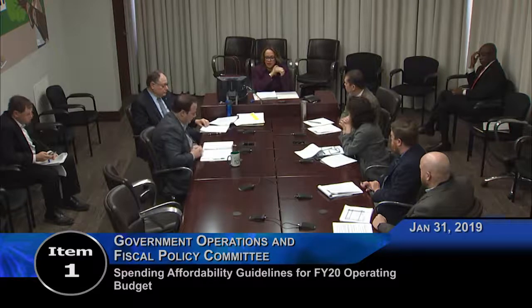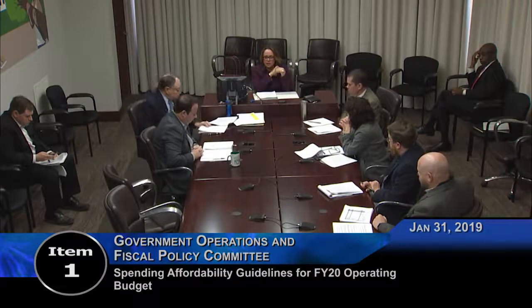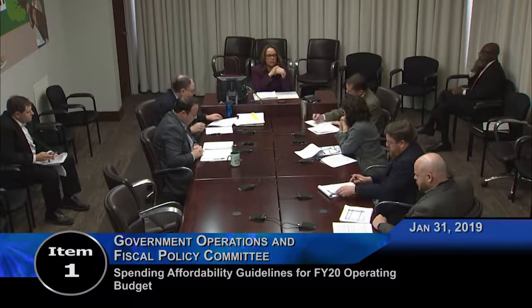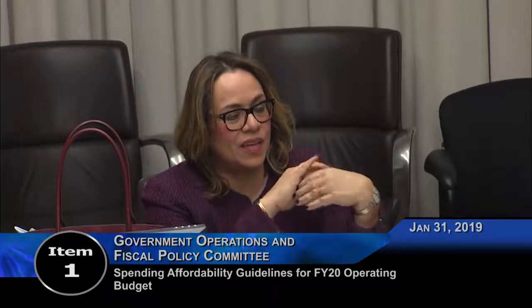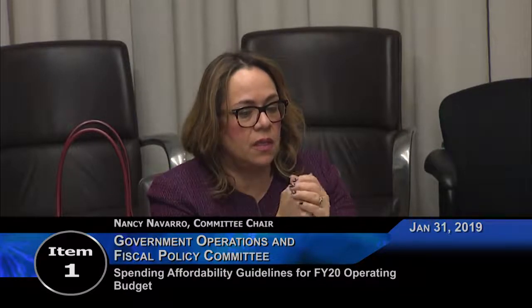Going back to the conversation about indicators, because this is something that was pending conversation, I think that maybe July could be a really good time for us to come back and take a fresh look, working with Finance and OMB, because we did have conversation not just about this, but also within our fiscal plan and what it is that we take into consideration as we go to the rating agencies.